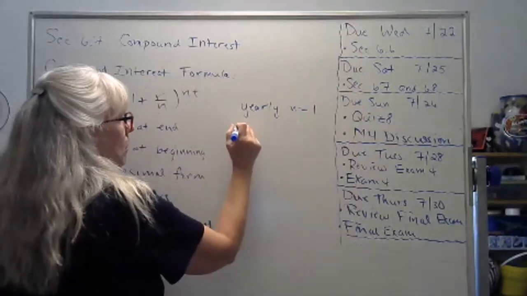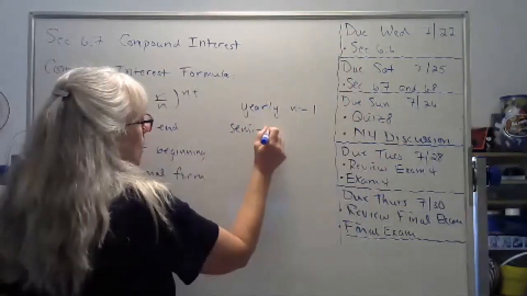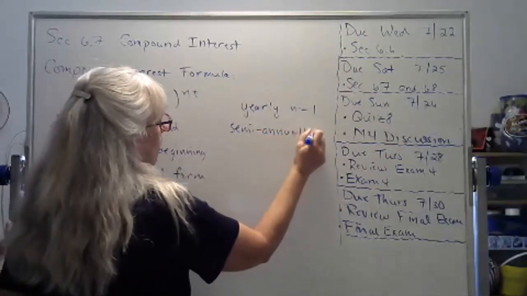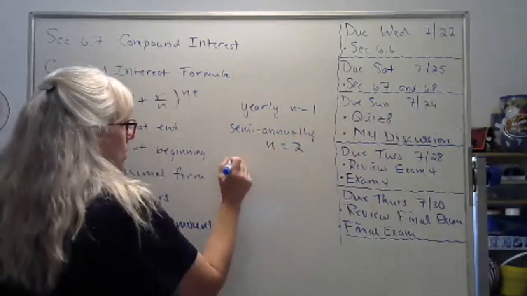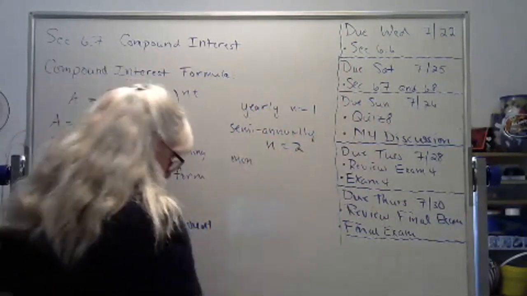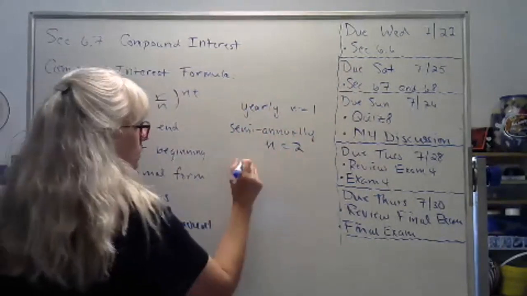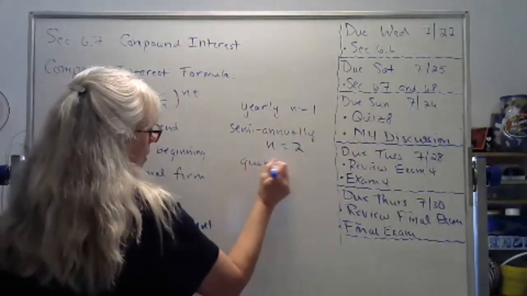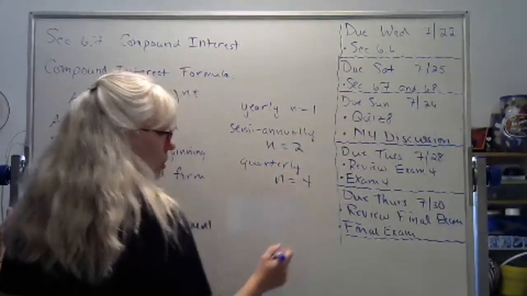If you do bi-yearly or semi-annually, then N is equal to 2. So that would be 2 times a year. You could also do monthly. Oh, I'm sorry, let's do quarterly next. I'm trying to do them kind of in a numerical order. So quarterly. In the business world, sometimes you do quarter reports.